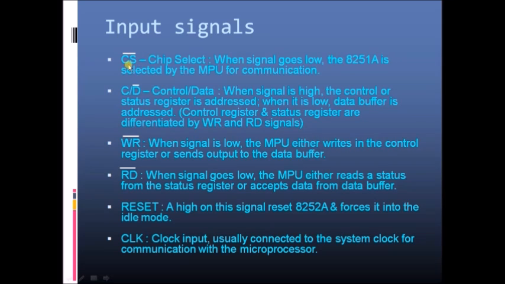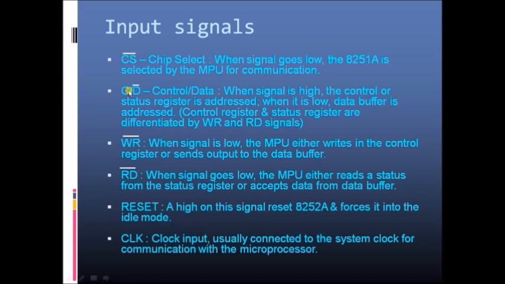Whenever the processor wants to communicate with any chip, it is going to send a logic 0 through this particular pin. Then we have C by D bar. C indicates control and D indicates data. As we have seen, the data bus can carry data information as well as control information.